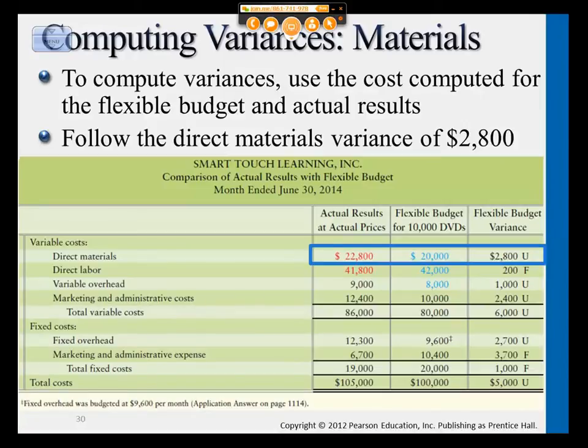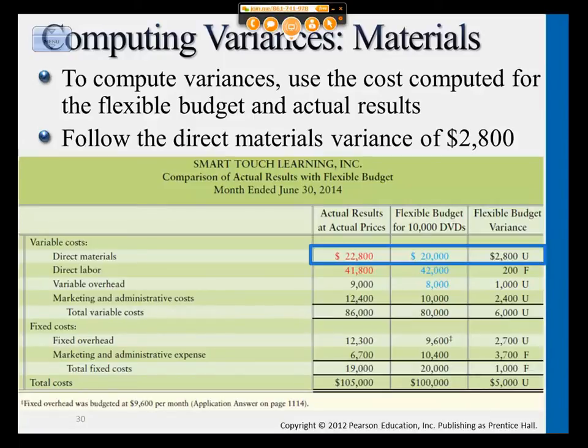Now, to compute variances, we're going to use the cost that we computed for flexible budget and actual results, just the slide before. So let's see, how do we get this 2,800? $2,800 is the difference between the direct material for actual results at actual prices and the flexible budget for 10,000 DVDs level of output. So flexible budget variance is the difference of the two, and that's 2,800.